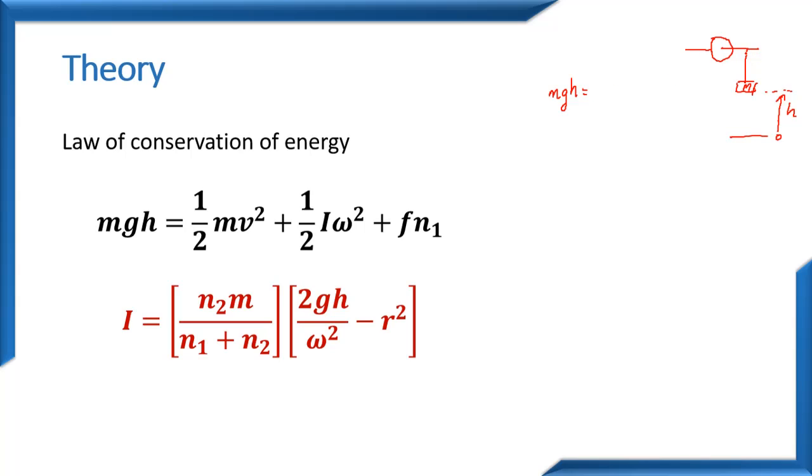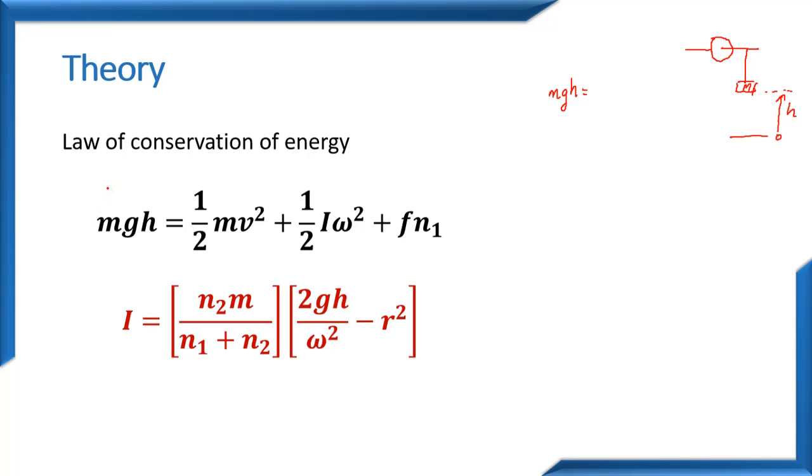So when we release this mass, this winding will start to unwind, and this body will start rotating. This mass will start coming towards the ground, and this body will start rotating. So the potential energy which is stored right now is dissipated as kinetic energy.